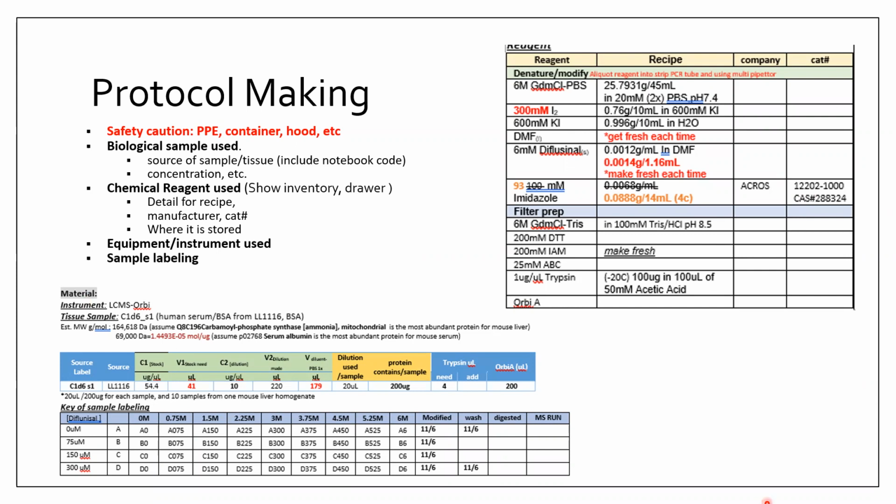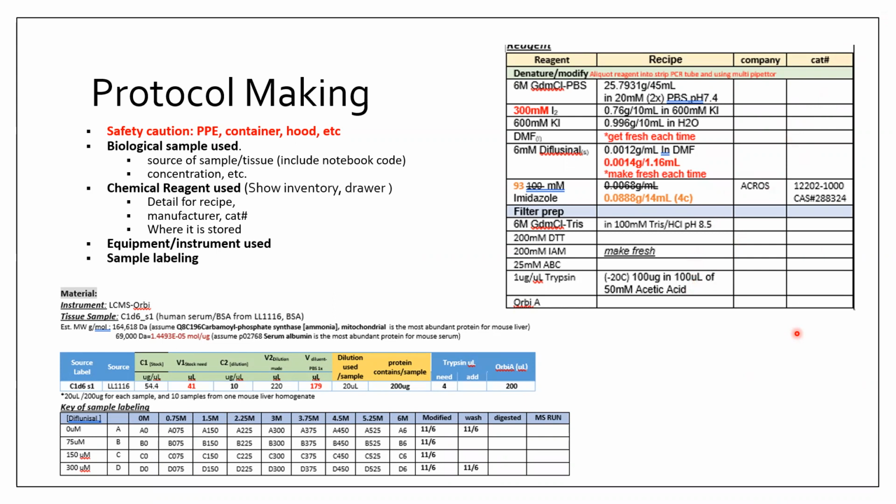And it's also easy for you to know where you're going to order it. Also, not in this column, but it is really useful if you can add a column for where the chemicals are stored.